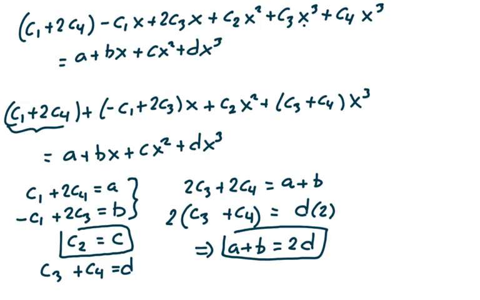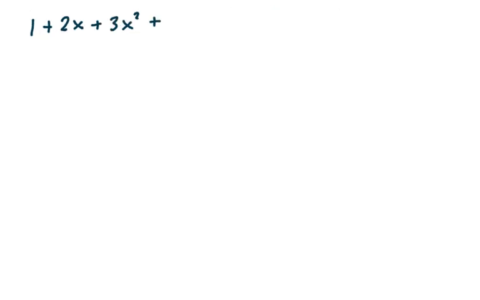A plus b equals 2d. So when I construct my polynomial, I'm going to make sure a plus b does not equal 2d, where d is the coefficient of x cubed. So notice that 1 plus 2 is 3. So all I have to do is put 7x cubed. This belongs to P3.